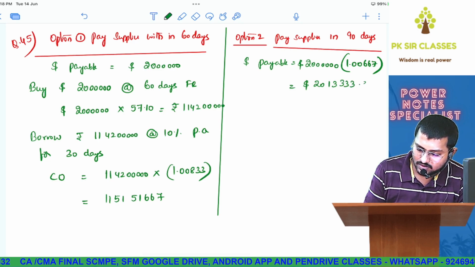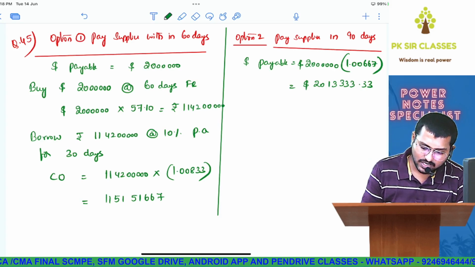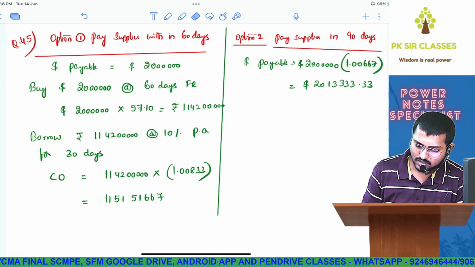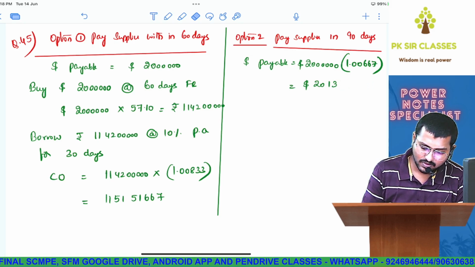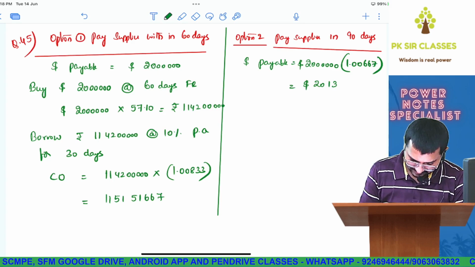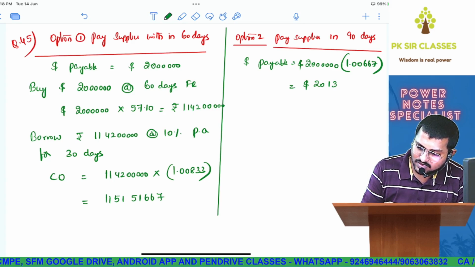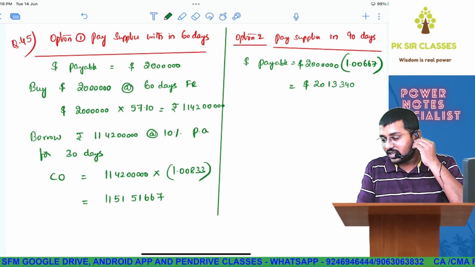You have used more approximation. Okay, 20 lakh 13,340.